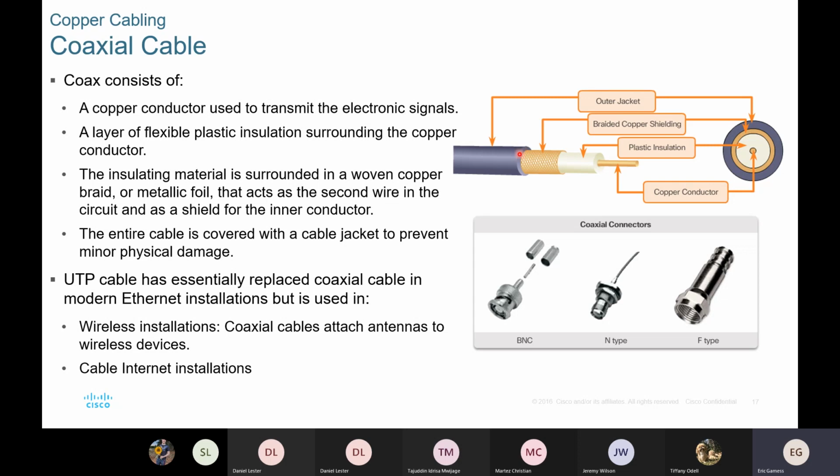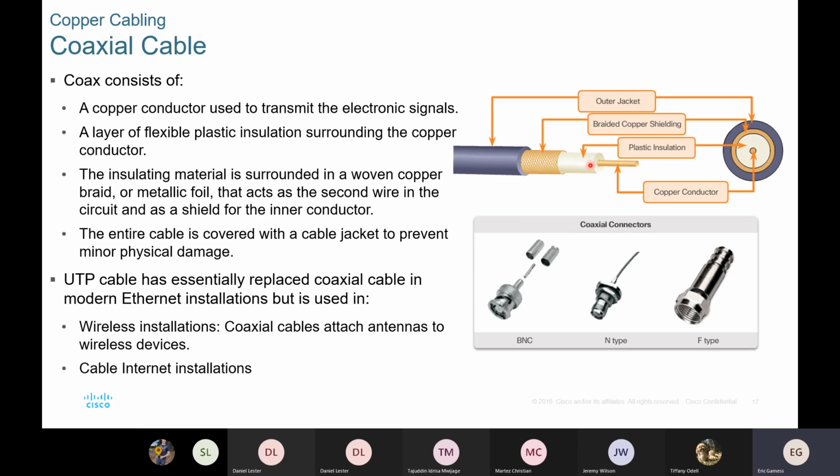This is the coaxial cable. So in the center, you have the core. It is made of copper, and it is a conductor. Around the core, you have an insulator.